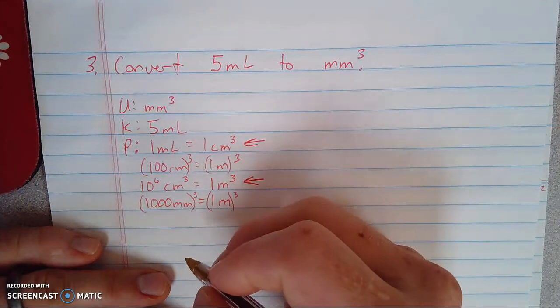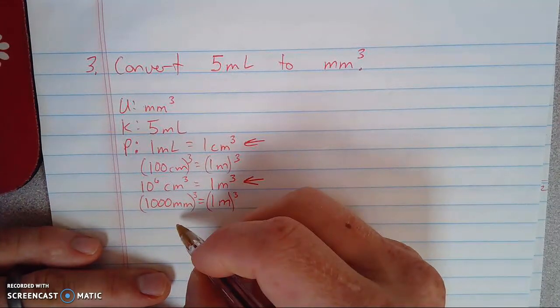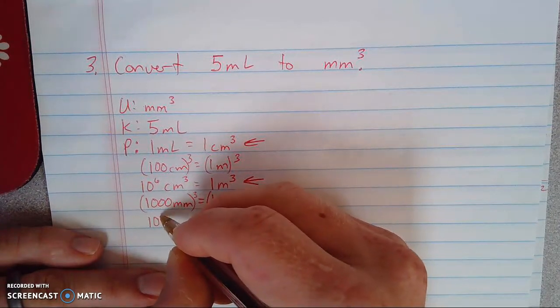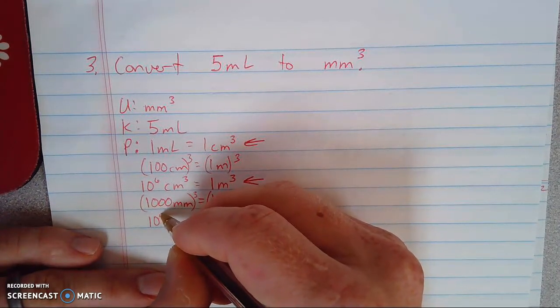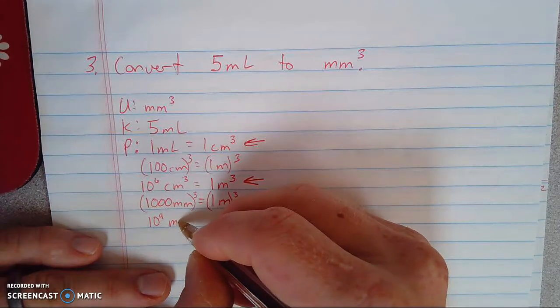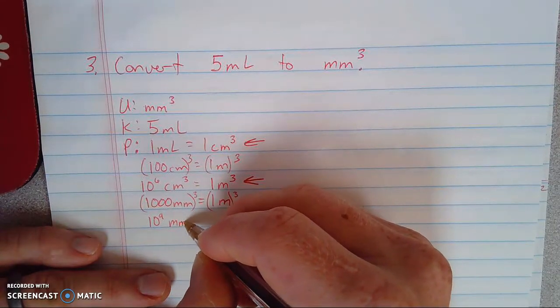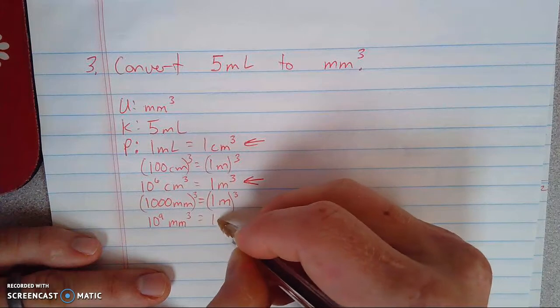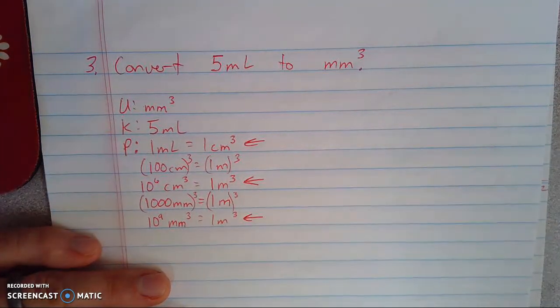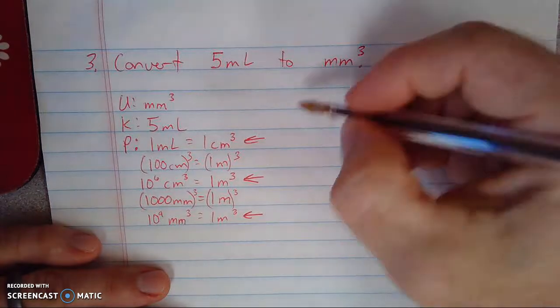That'll give us 1 billion, or 10 to the 9 millimeters cubed equals 1 meter cubed. So the ones I drew the arrows beside are the ones that we'll actually use when we solve.